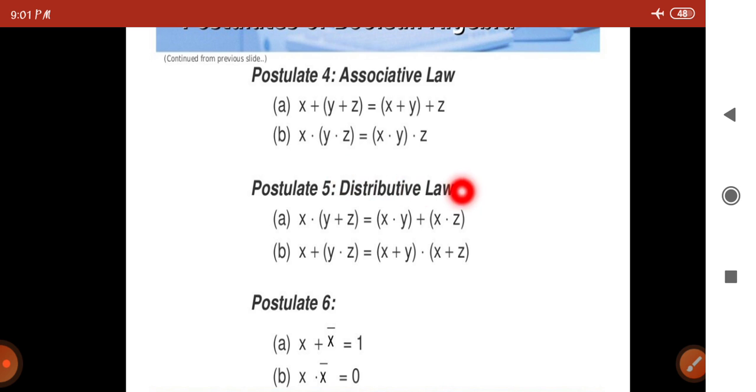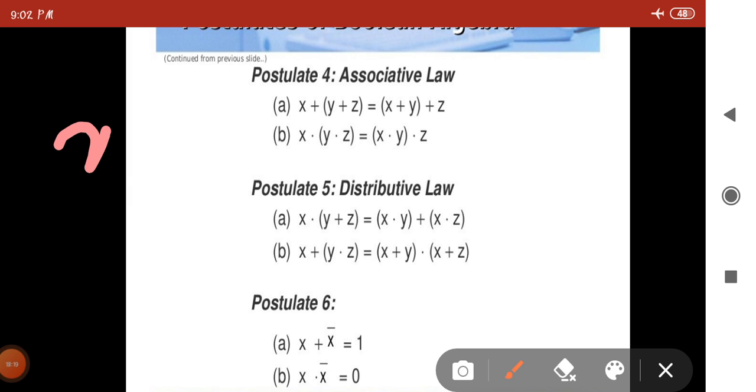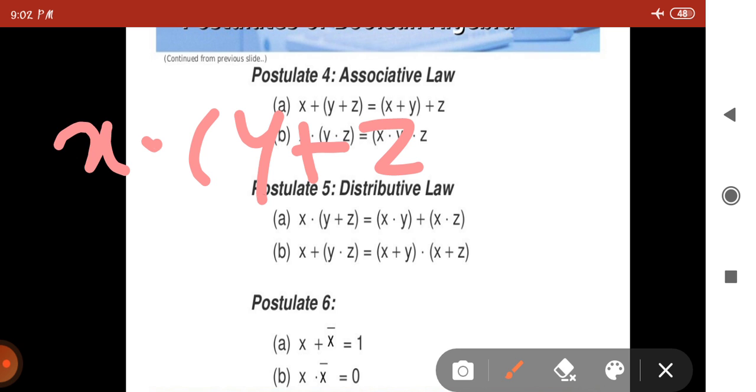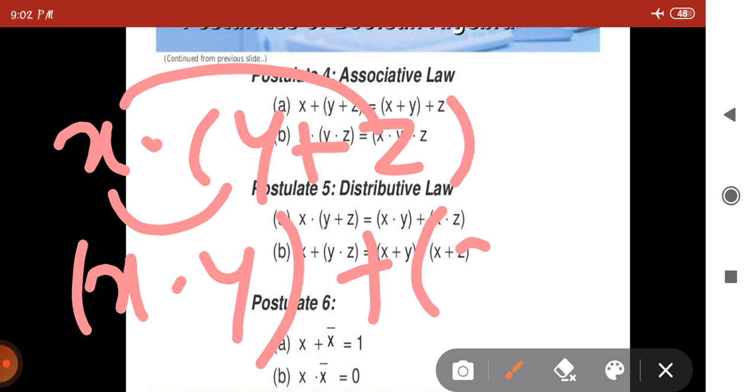Postulate 5 is the distributive law. x into y plus z equals x into y plus x into z. You have to do that. x into y plus z equals x into y plus x into z.